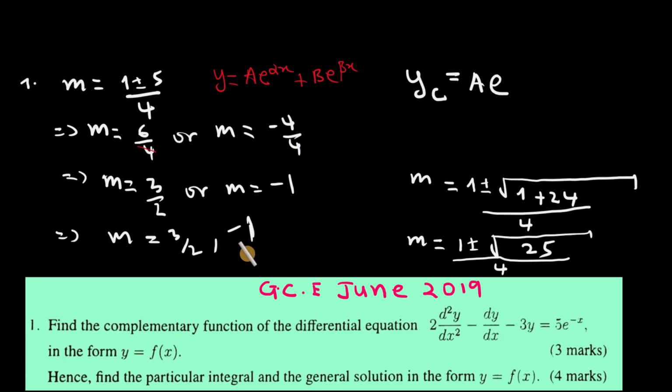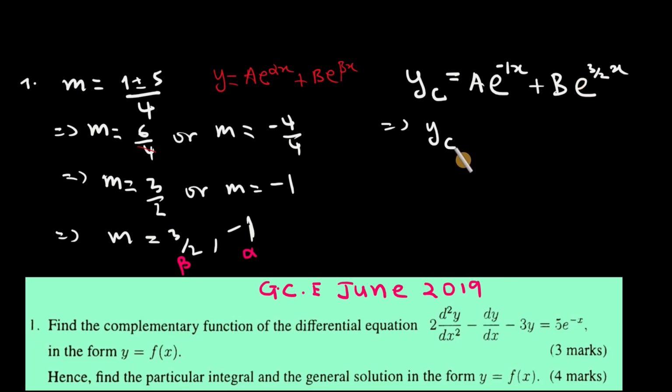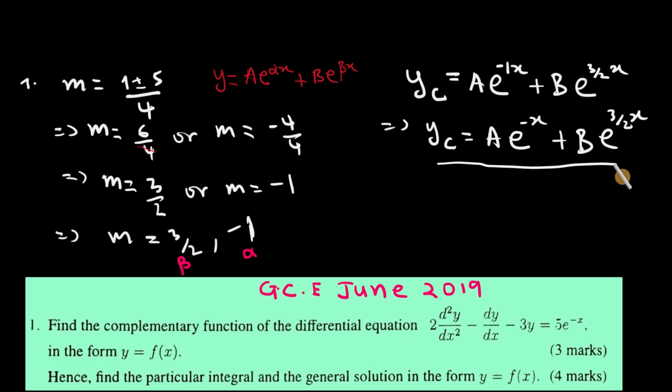In this case, I will take my alpha to be minus 1 and my beta to be 3 on 2. It is always good to take alpha to be the smallest value and beta to be the other one. So e to the negative 1x plus b e to the 3 on 2 x. That means yc is equal to a e to the negative x, since minus 1 times x is minus x, plus b e to the 3 on 2 x. That is the complementary function.